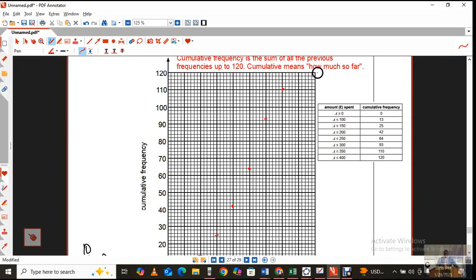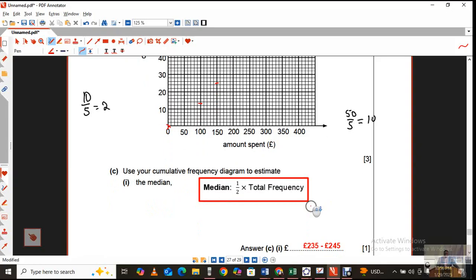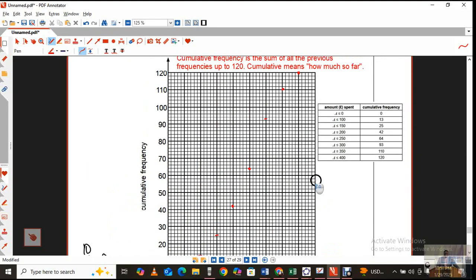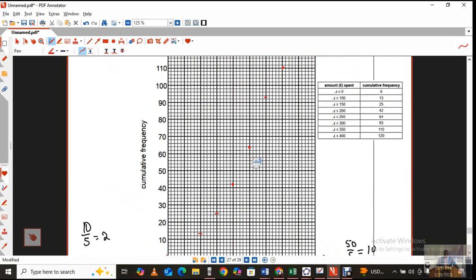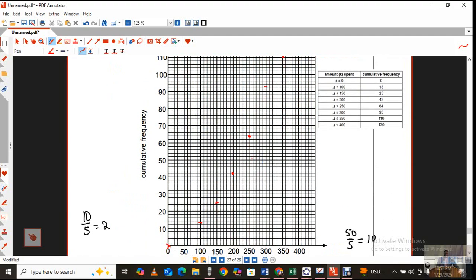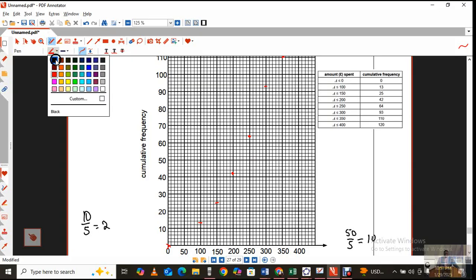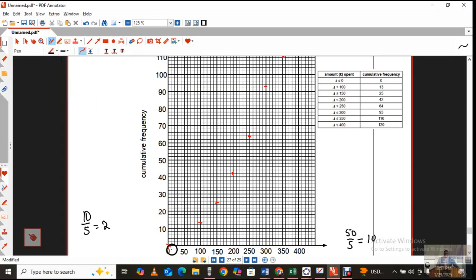So your curve should pass through this point. Now that you have plotted all the points, because you get a mark for plotting, and I will show you how we mark it later on, now we have to draw it. Please, it's a curve. So we'll draw a curve, but make sure the curve is smooth because you will be using it to solve some questions.